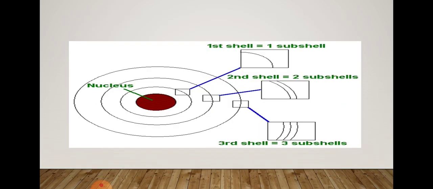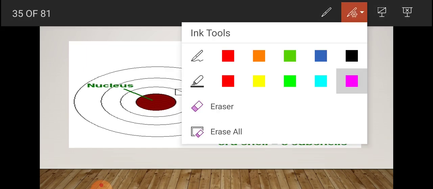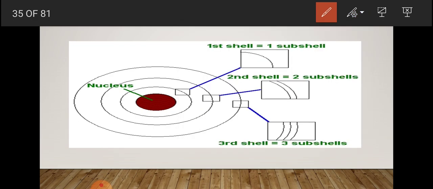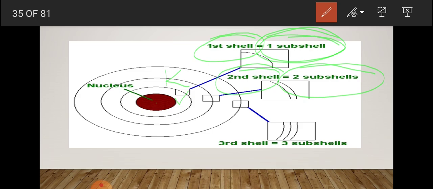Subshells. When we study about the subshell, first see the shell. This is nucleus. Around the nucleus, shells are present. First shell, one subshell. Try to understand this. In first shell, that is one, or you can say K, only one subshell is present. In second shell, two subshells will be present.